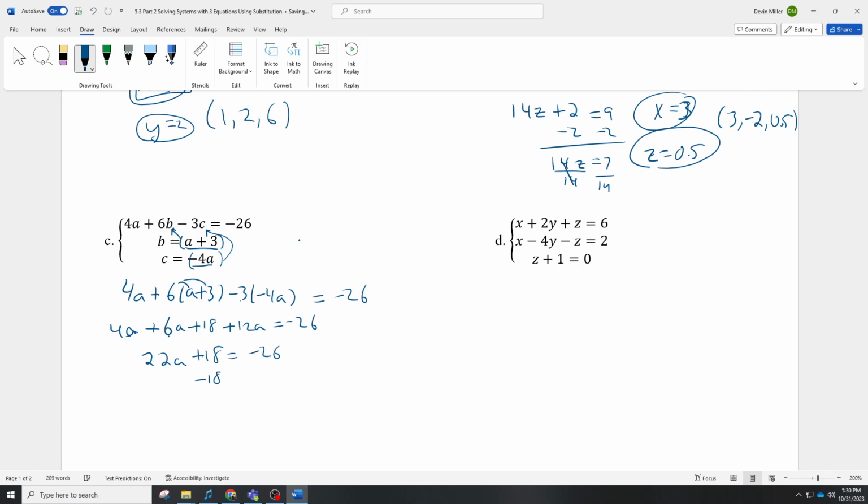Subtract 18 on both sides. 22a equals, and when you put these together, you're going to get negative 44. Divide by 22 gives you negative 2.